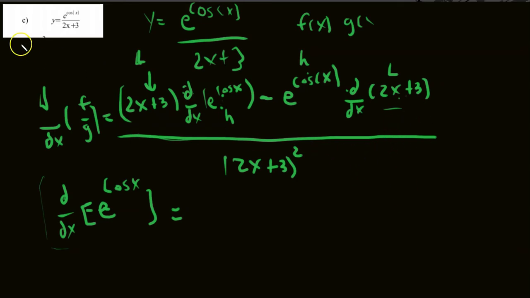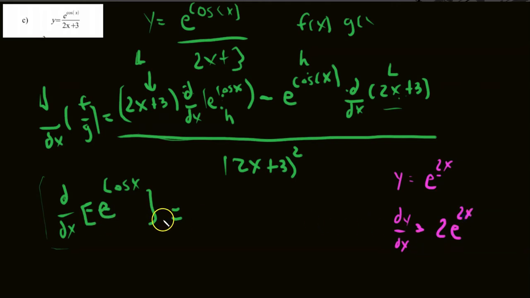This one is really not that bad. Let's just do a little refresher over here. If you have a function y is equal to e to the power of 2x, dy dx is equal to, you bring the 2 to the front of the e and you multiply by the original function itself.